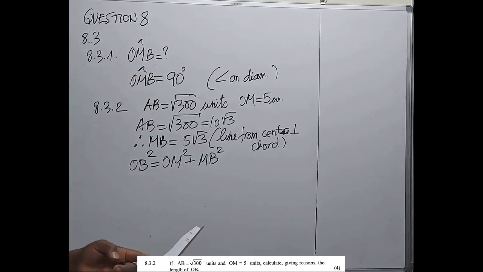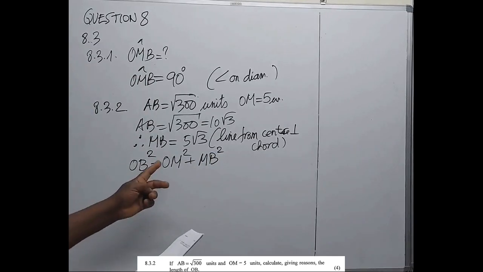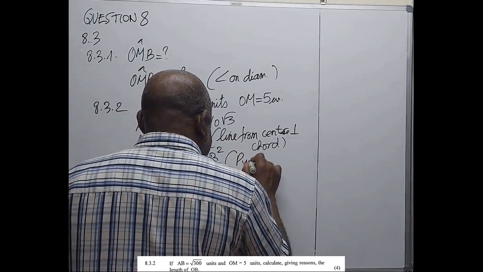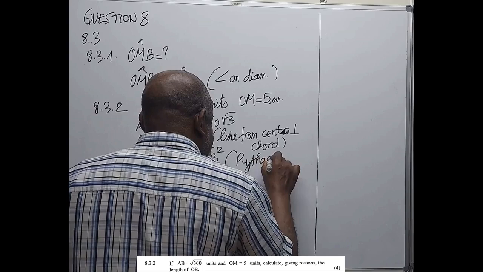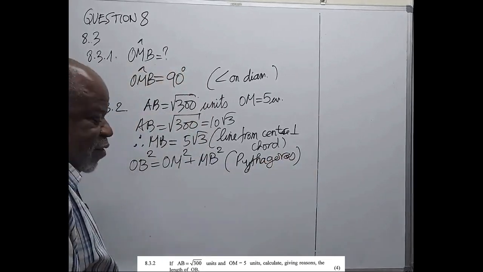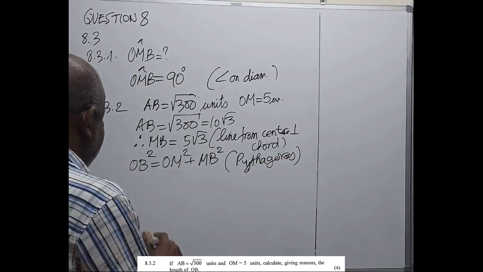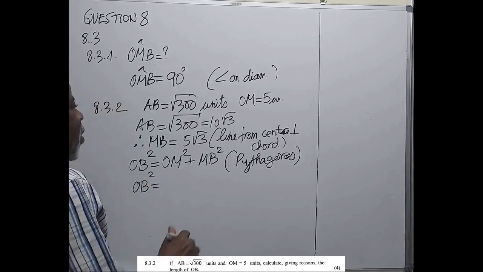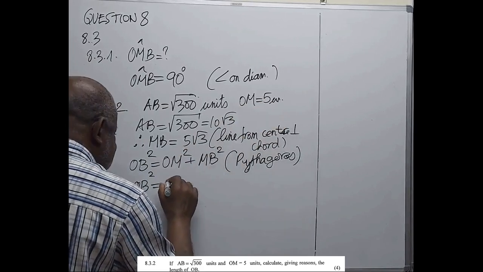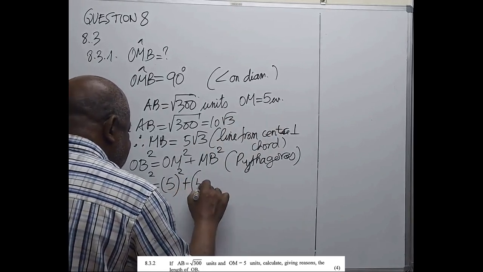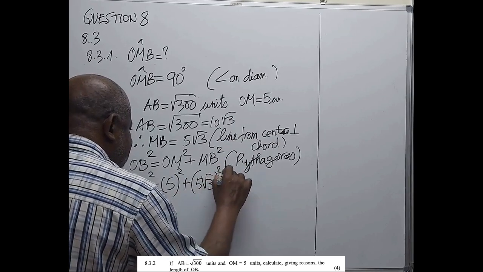OMB is a right angle triangle, so this is the Pythagoras theorem. That's the reason we write here Pythagoras. And then we replace the values. OB squared will be equal to OM, which was given, 5 squared, plus MB, which is 5 square root of 3, squared.